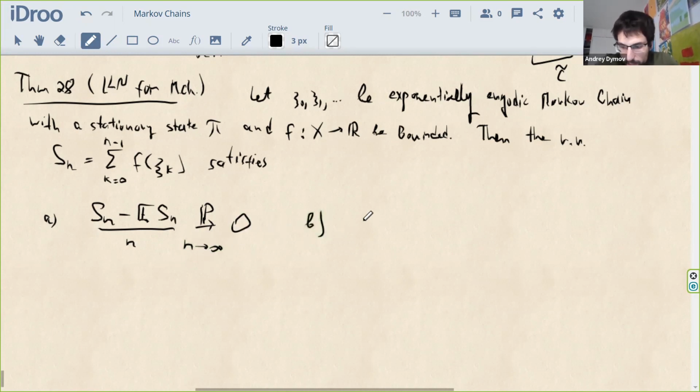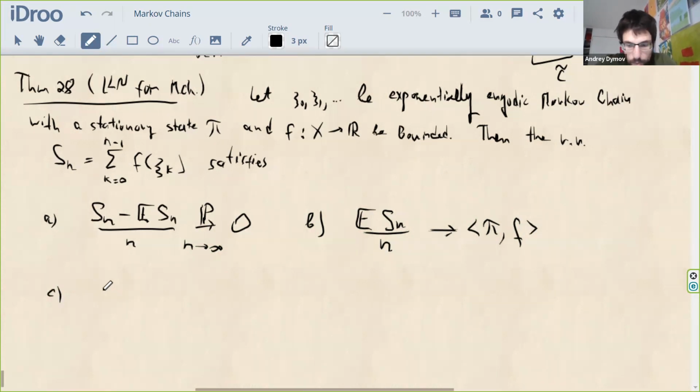The second statement says that the expectation of Sn over n converges to the action of the stationary measure pi on the function f. And the third statement, which immediately follows from the first two, affirms that Sn over n converges in probability to the action of the stationary measure on the function f.